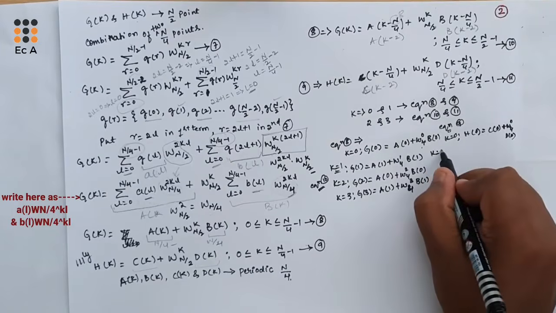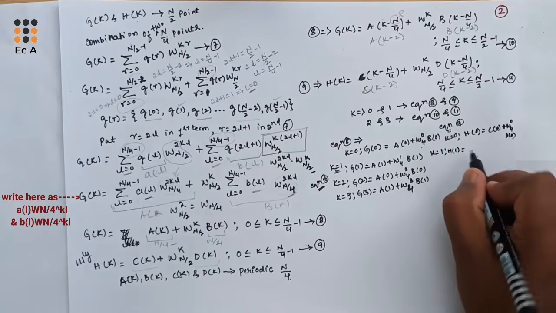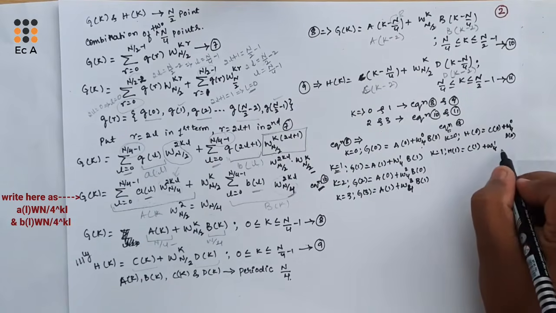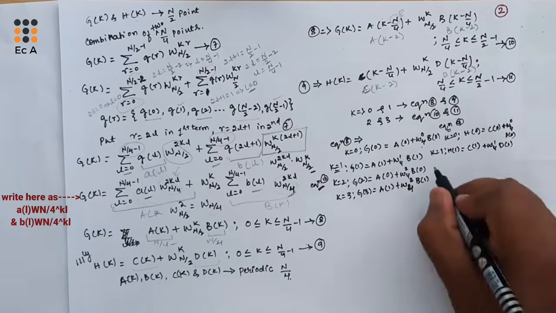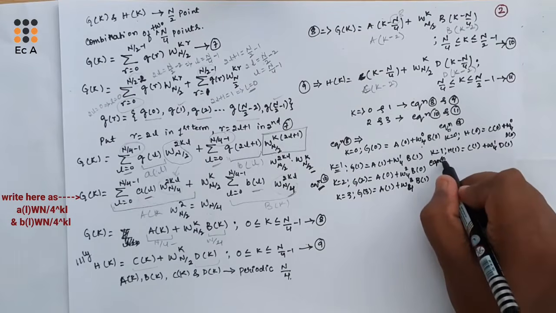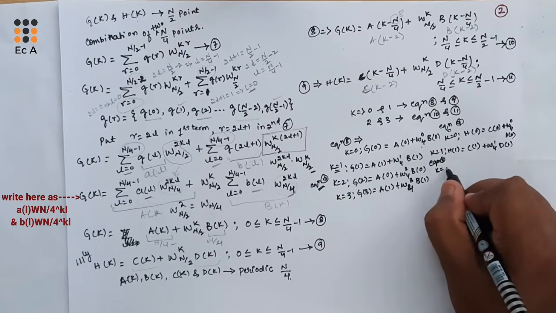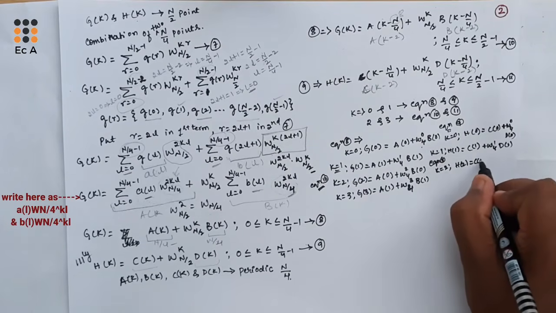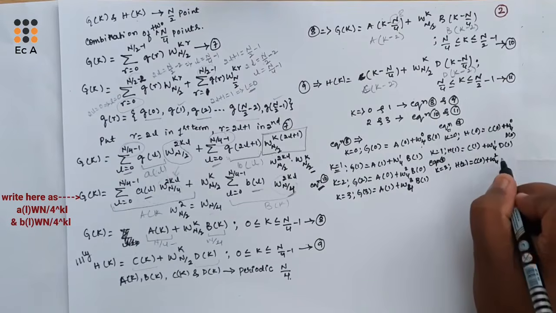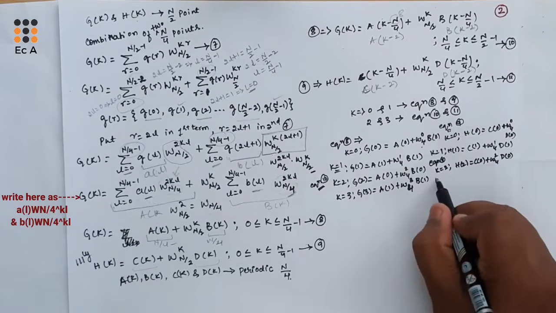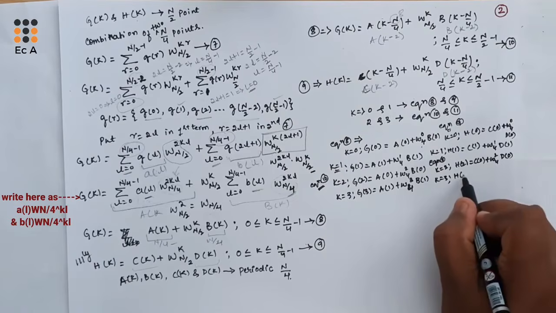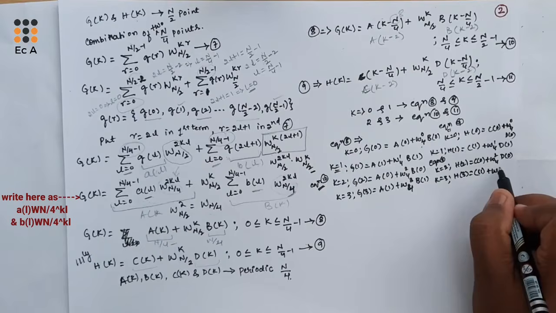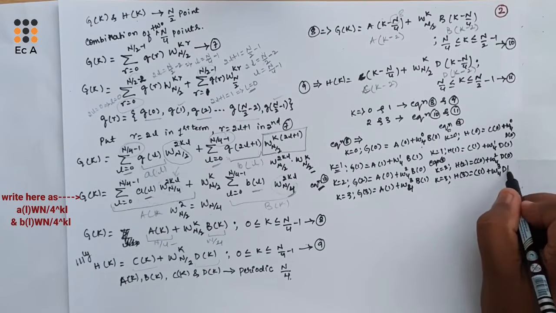If you put k is equal to 1, it will be h of 1 will be equal to c of 1 plus w4 to the power of 1, d of 1. In equation number 11, if you put k is equal to 2, it will be h of 2 will be equal to c of 0 plus w4 to the power of 2, d of 0. If you put k is equal to 3, it will be h of 3 that will be equal to c of 1 plus w4 to the power of 3, d of 1.